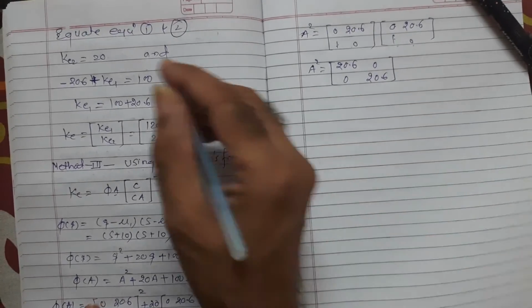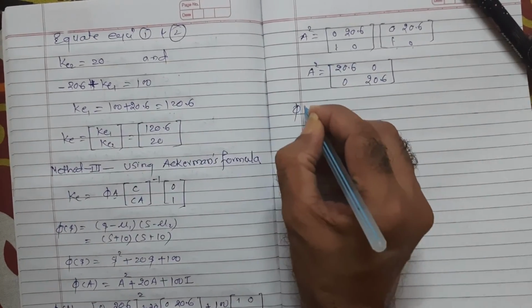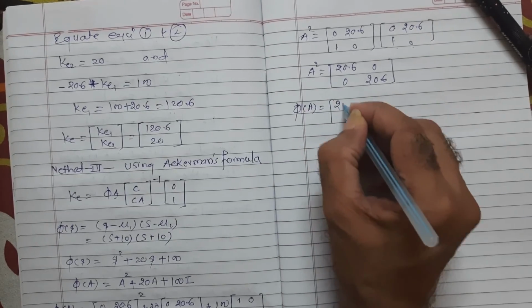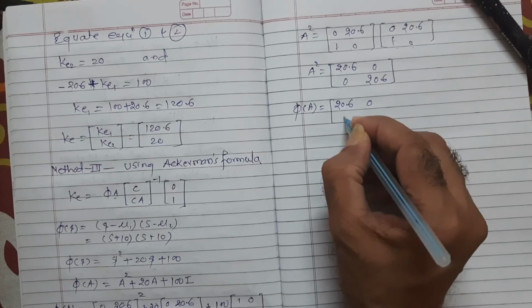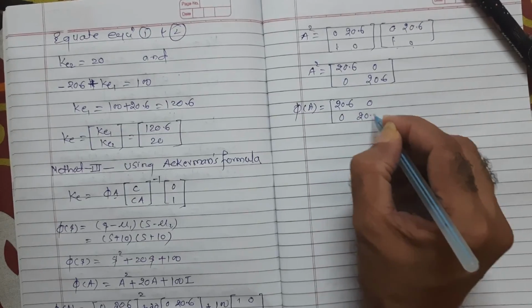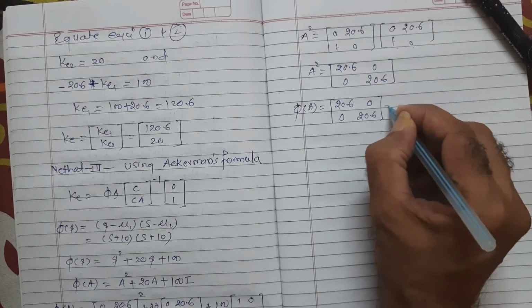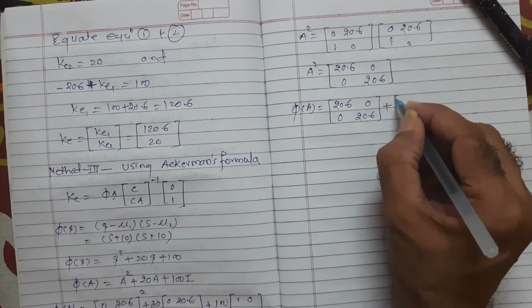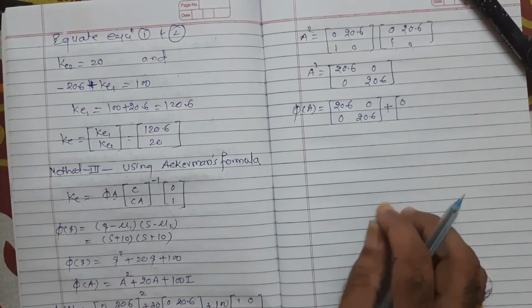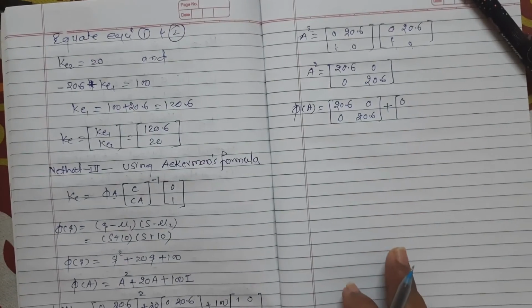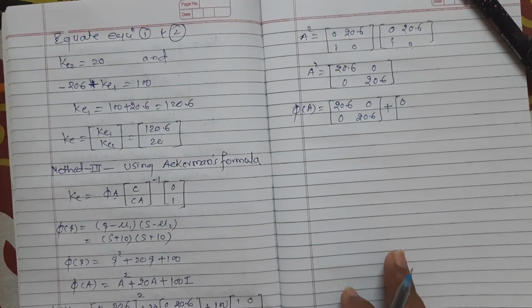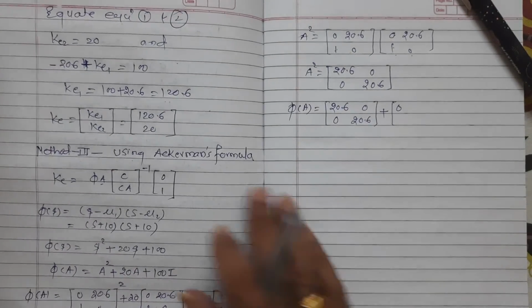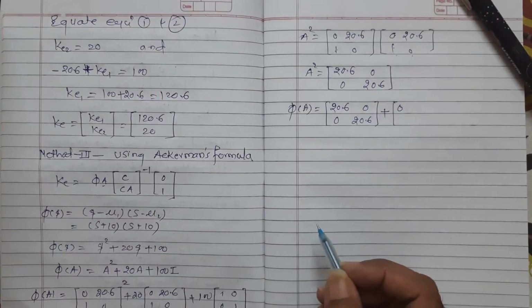So we will put phi A equals [20.6, 0; 0, 20.6] plus this 20 we will multiply by A. We will find out how much this one is coming.